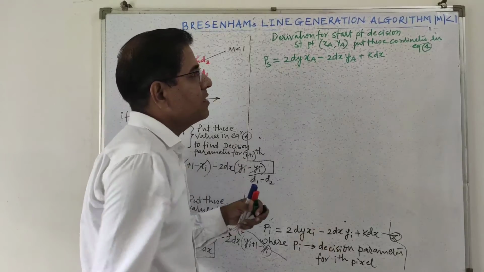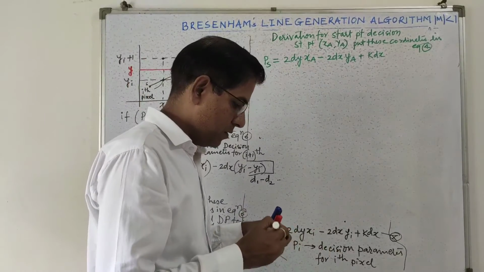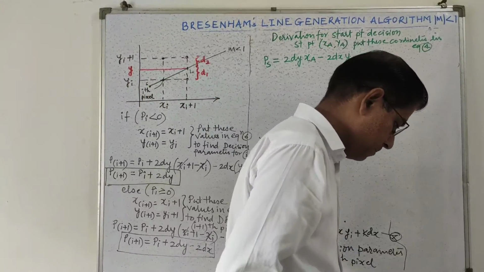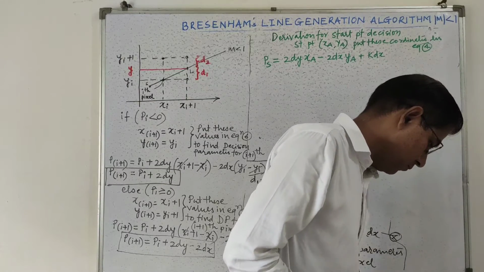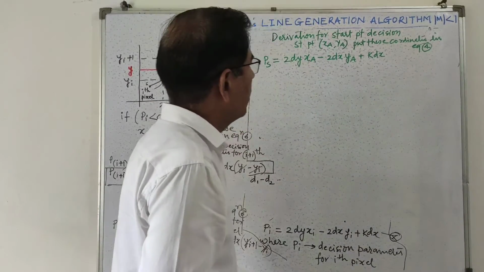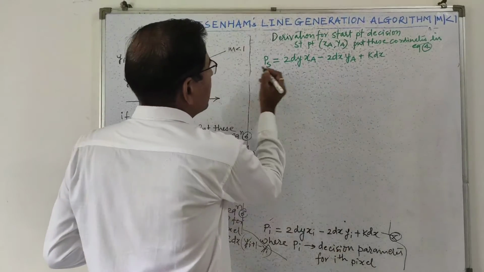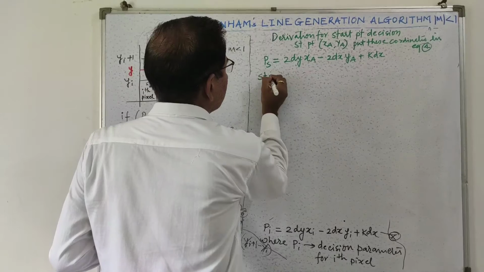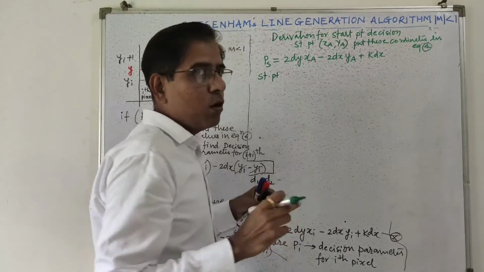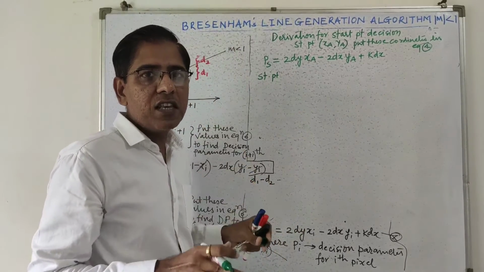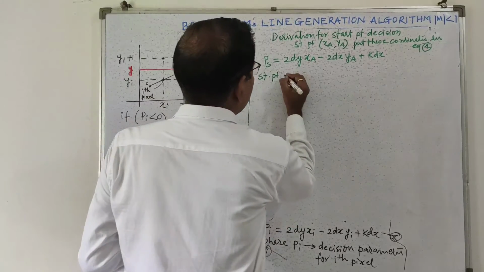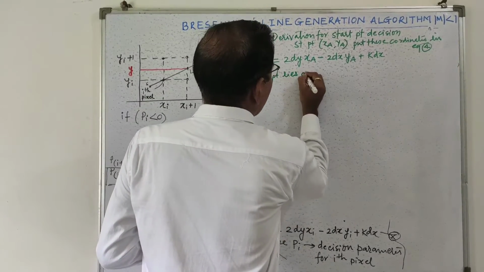Now we'll simplify this decision parameter further. This start point is lying on the line. That means it also satisfies the equation of the line.